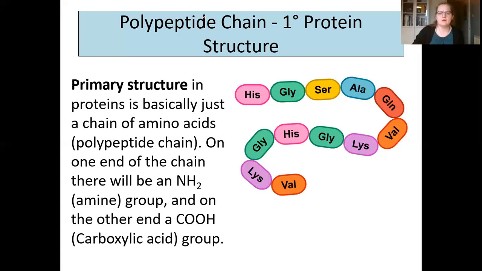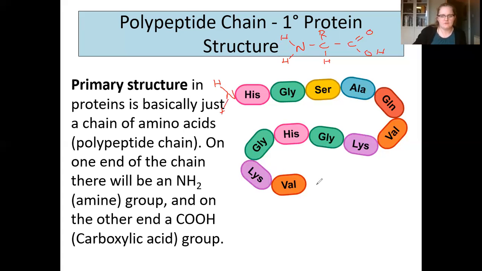So what we mean is, when we see that original drawing of our amino acids, we've got C double bond O, OH, H, R. So what we mean by that is, on this end, coming off this histidine, there would actually be an amine group that's not bonded to anything.